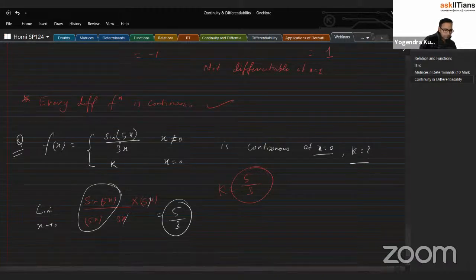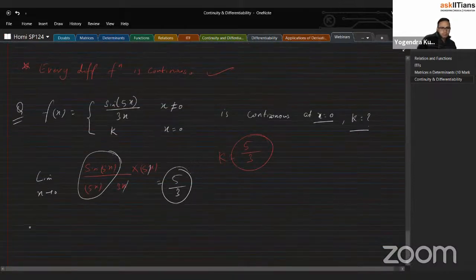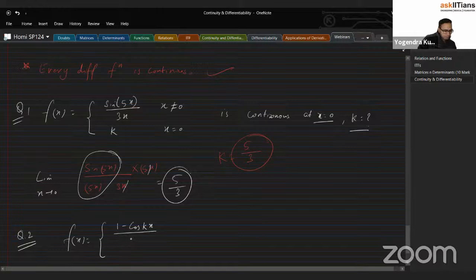One more question. Now everyone should give the answer right here. Let's say f of x equals 1 minus cos kx divided by x sine x when x is not equal to 0, and this is equal to half at x equals 0. I'm not writing the full question; I hope you're understanding.